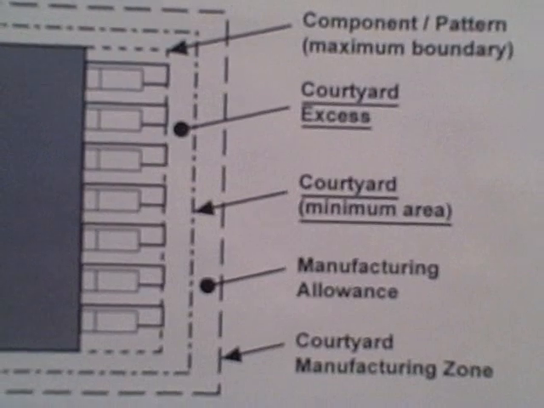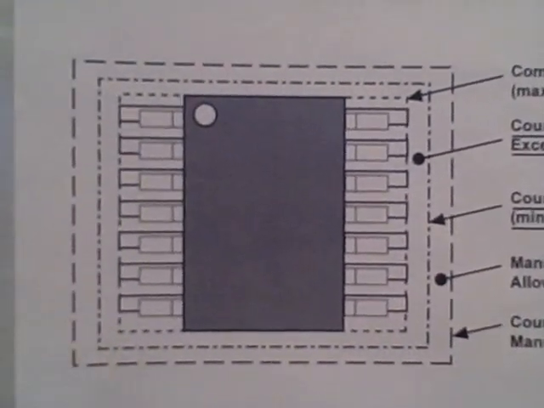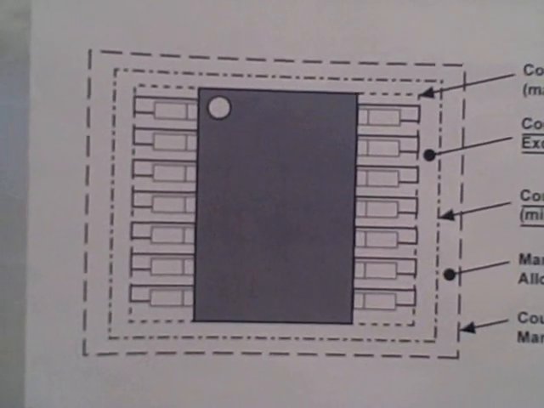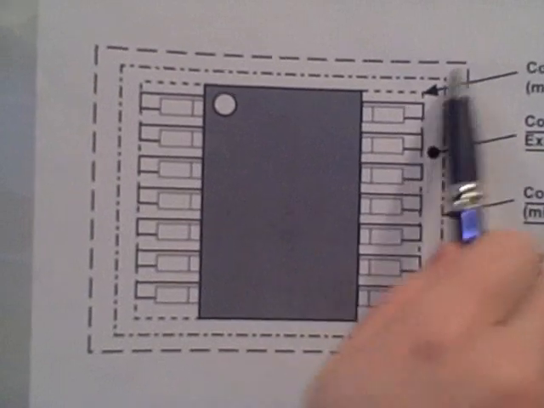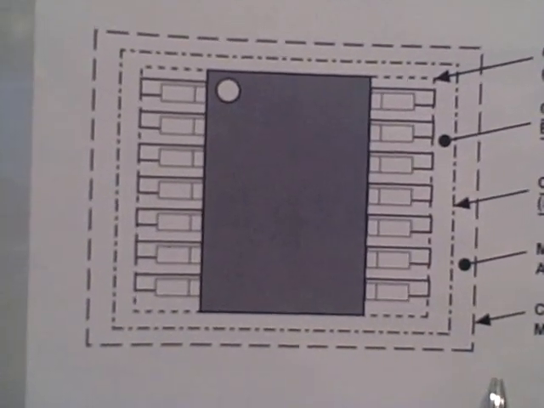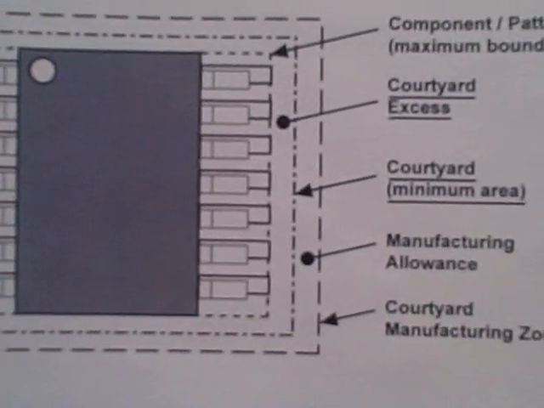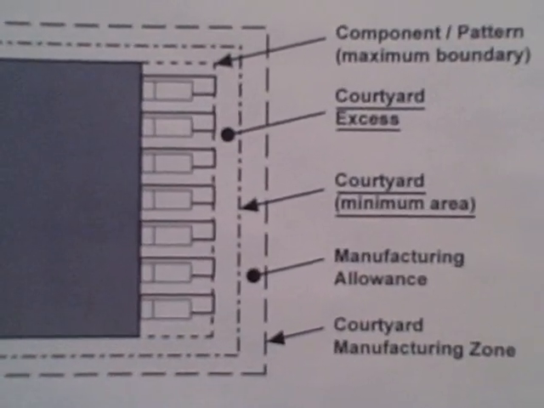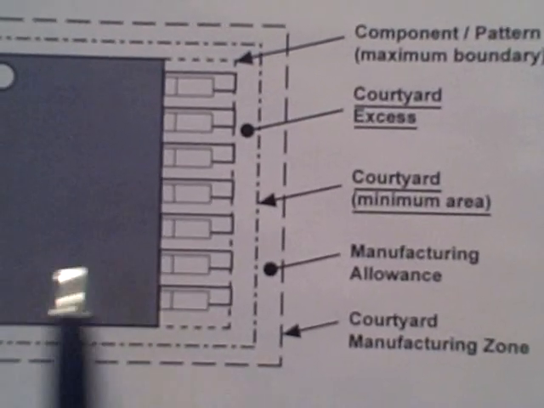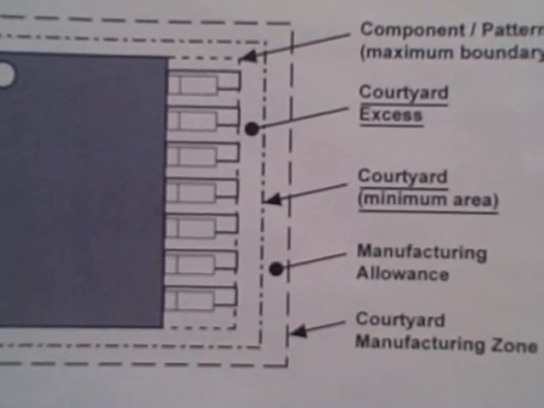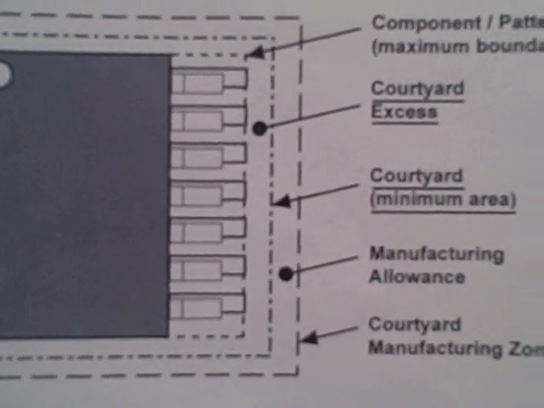Altogether, this provides a maximum courtyard, and the concept with IPC-7351 is you can take two courtyards and place them side by side such that the spacing between the courtyard boundaries is zero, and you will be assured that you have provided both minimum electrical and mechanical clearance between the adjacent components, sufficient enough for most pick-and-place machinery.